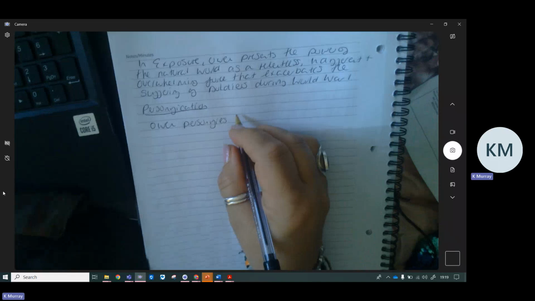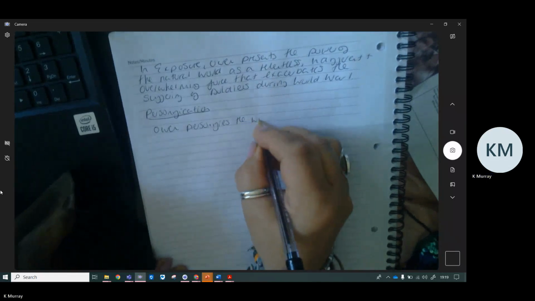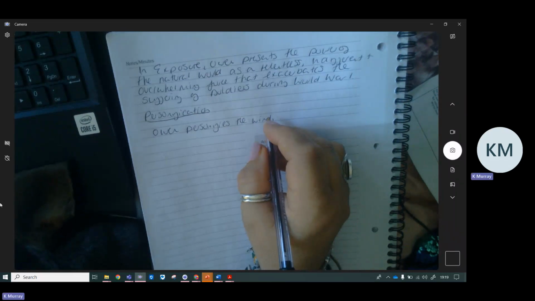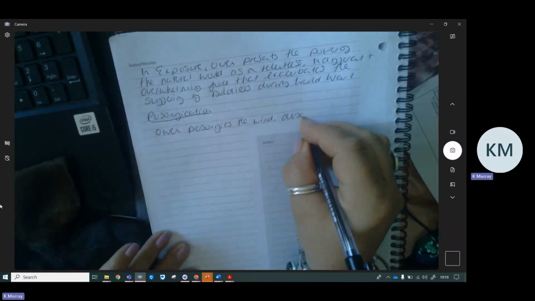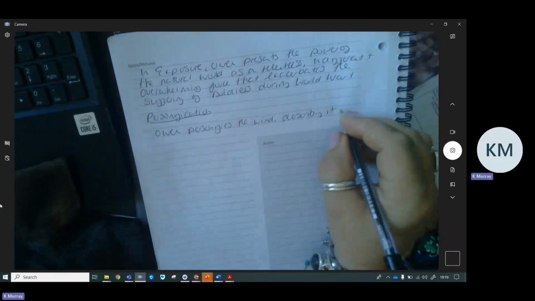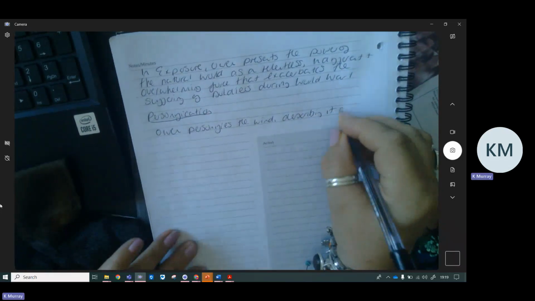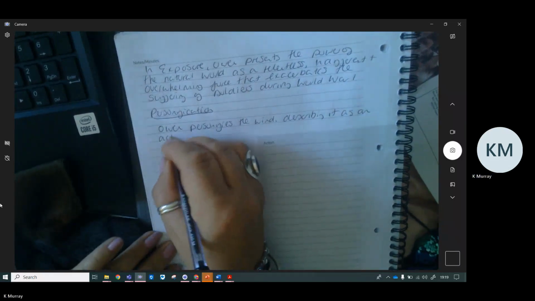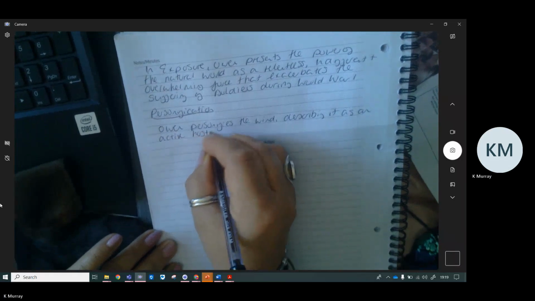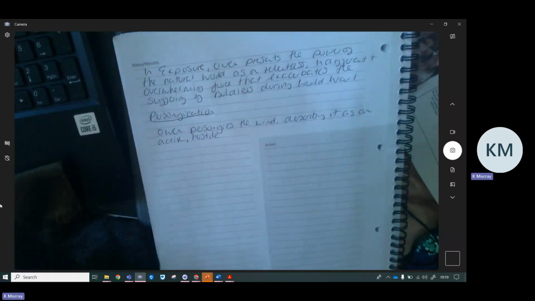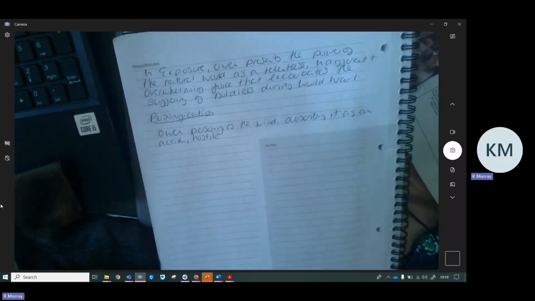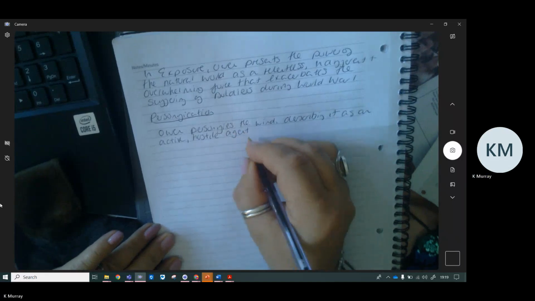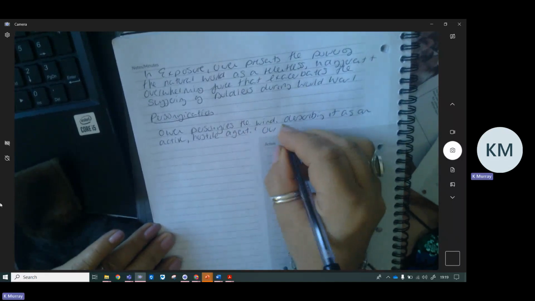Owen personifies the wind, describing it as an active, hostile, all right, because it's unfriendly, isn't it? An active, hostile agent.